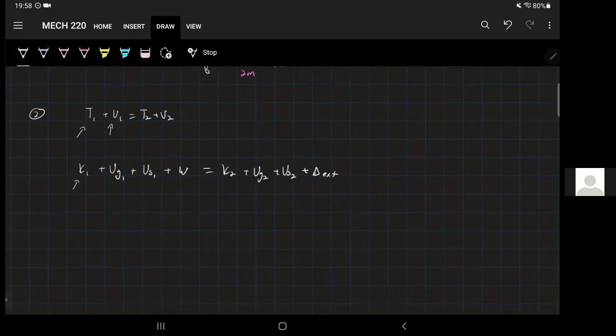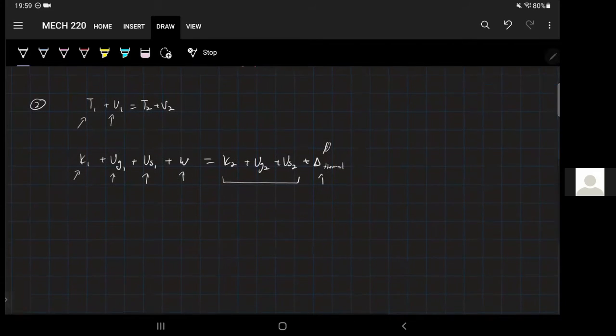So this is my kinetic energy at state 1, gravitational potential energy, potential energy coming from the spring, any work that I do on the system, and same thing here on the other side, except this could be external or thermal, right? Which is basically the friction term, because the friction will always appear on this side because it will always consume energy, right?